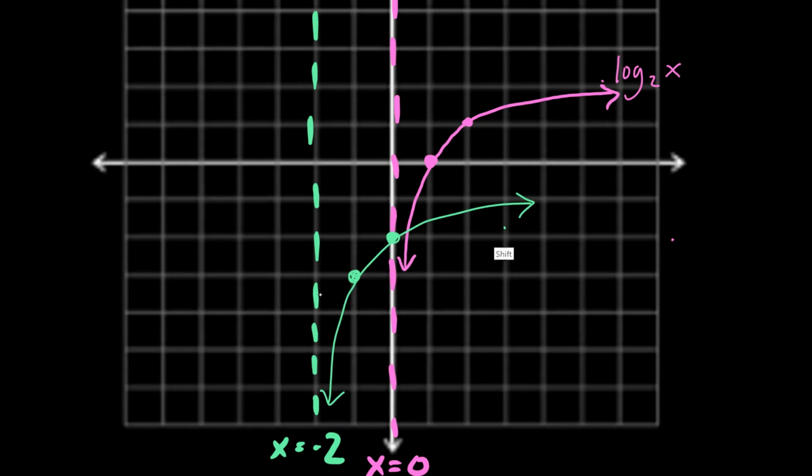And there's my graph of log base 2 of x plus 2 minus 3. Any questions on how we graph that? We're going to have more practice graphing today, don't worry.